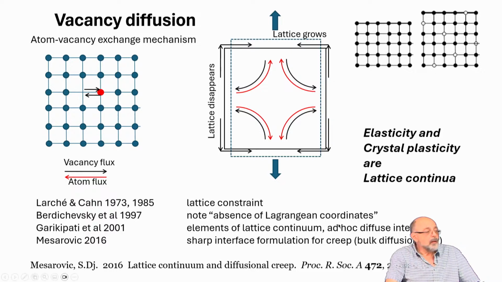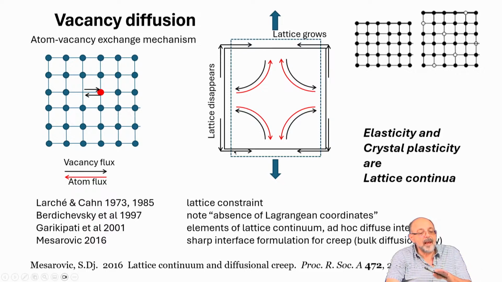Okay, let me just remind you of what lattice continuum is. We say the material which moves with the velocity v is lattice. Now, by the mechanism of diffusion, atoms come to one side and build a new lattice.